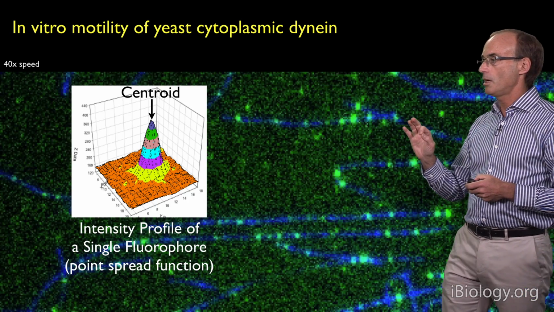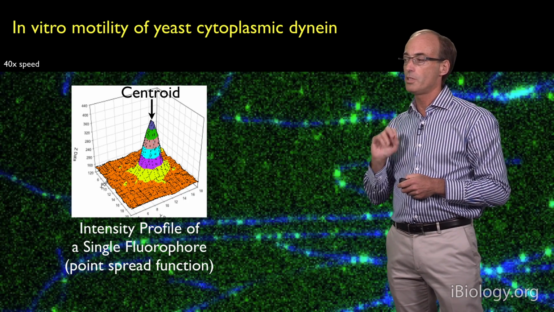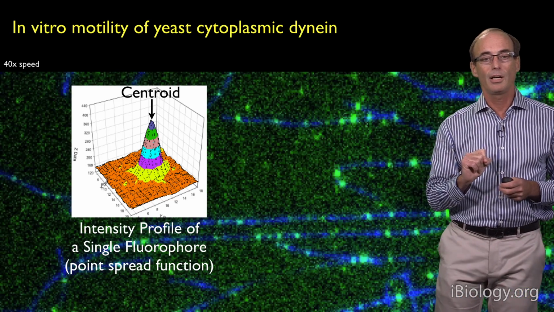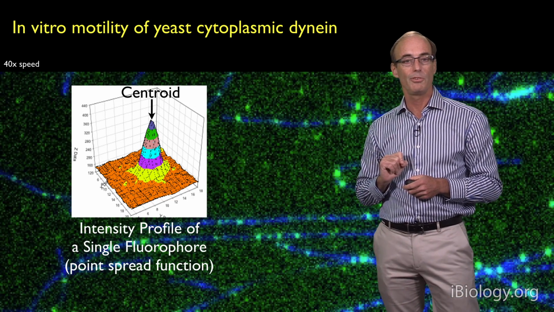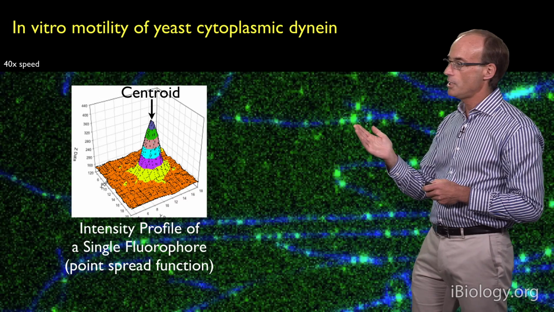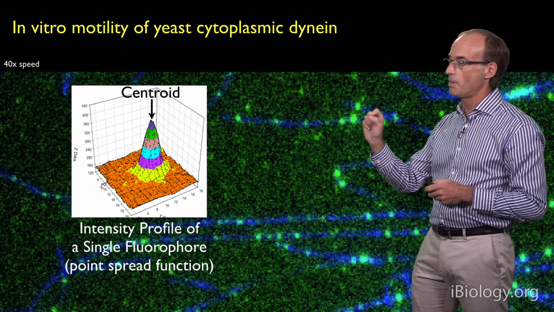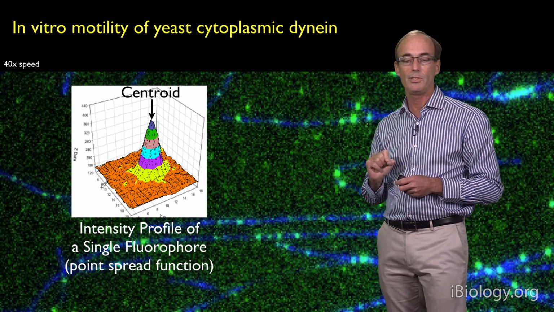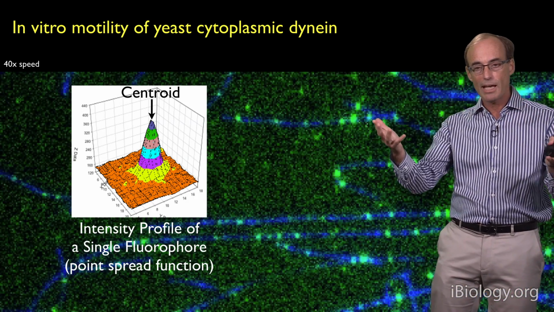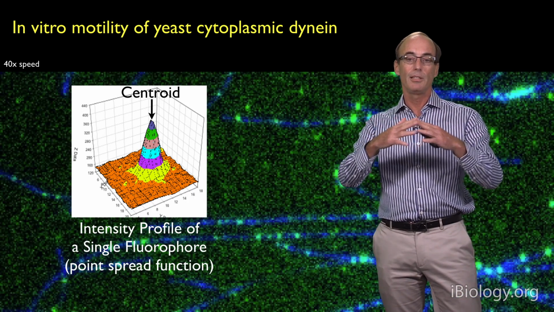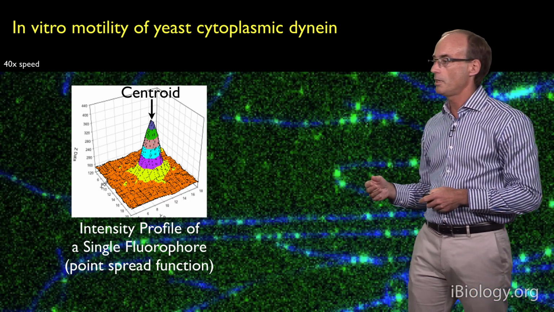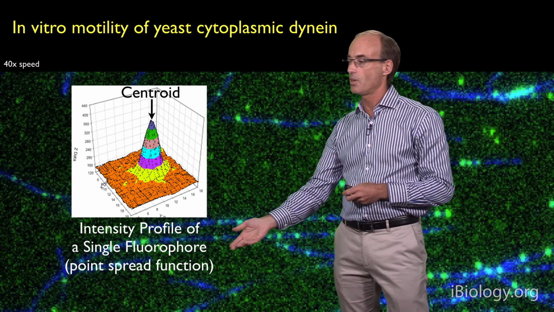Now, we can also measure this motility with greater precision if we use a computational approach. Basically, each of these individual fluorescent spots of Dynein that you see, as they pass through the microscope, the light spreads out to what's known as a point spread function.